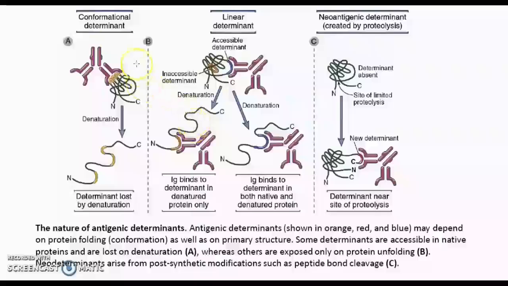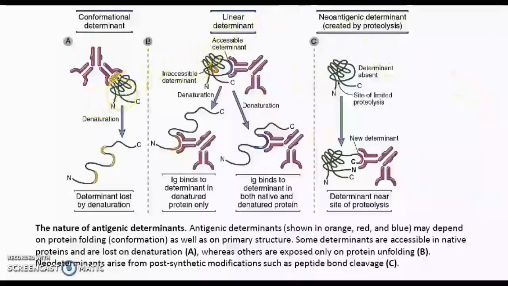In contrast, conformational determinants are formed by amino acid residues that are not in sequence, but become spatially juxtaposed in the folded protein. Antibodies specific for certain linear determinants and antibodies specific for conformational determinants can be used to ascertain whether a protein is denatured or in its native conformation, respectively.